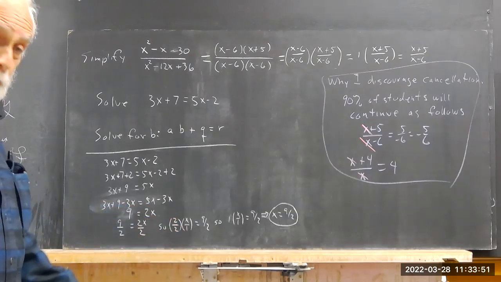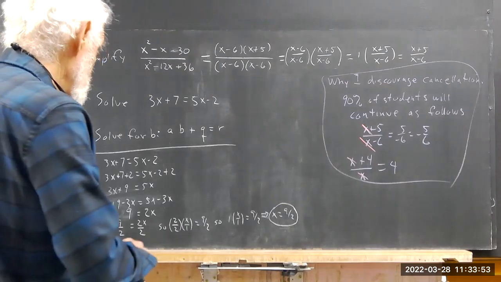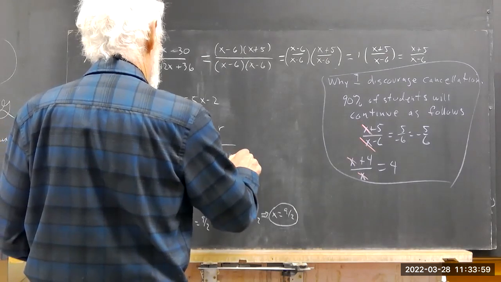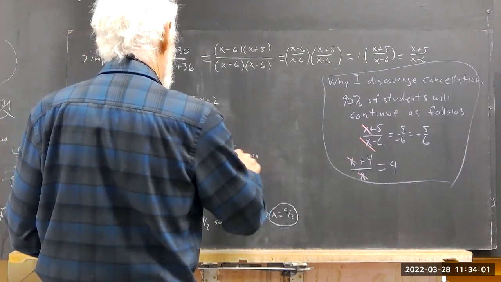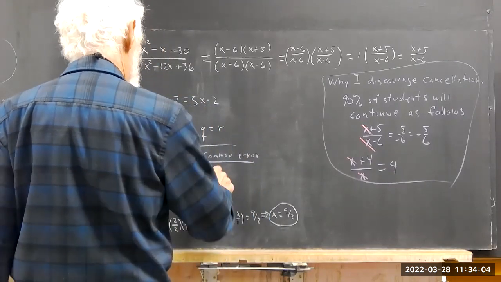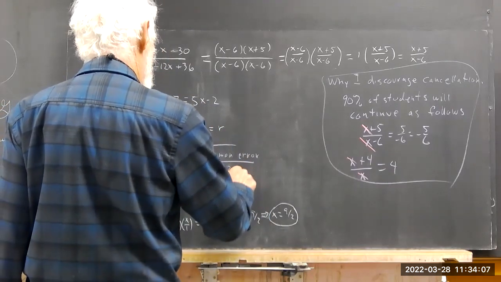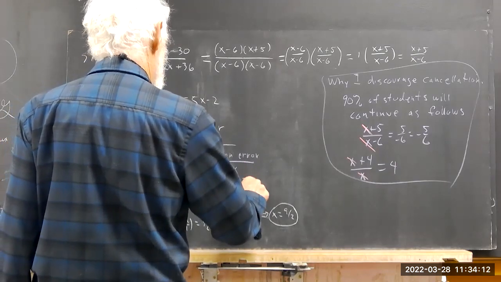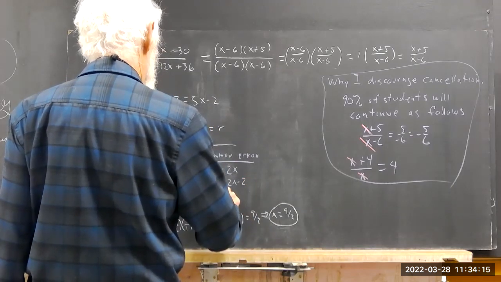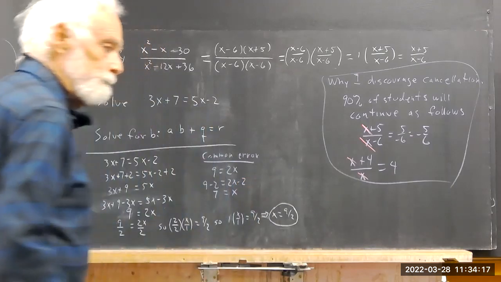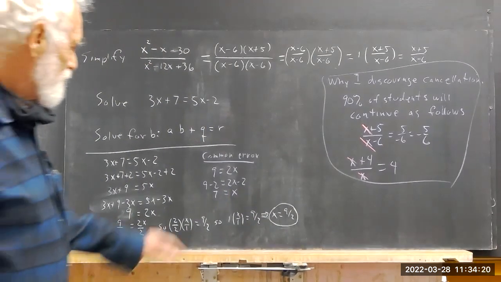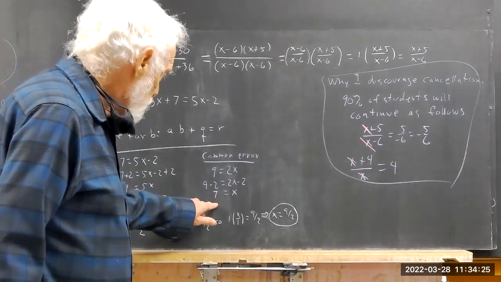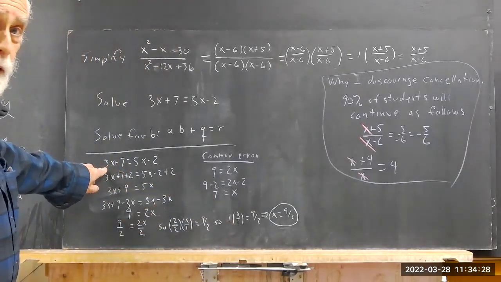If you subtract that 2, this is a common error. 2x minus 2 equals x, no. Okay. And if you did this, you take that 7 and you plug it back in here.